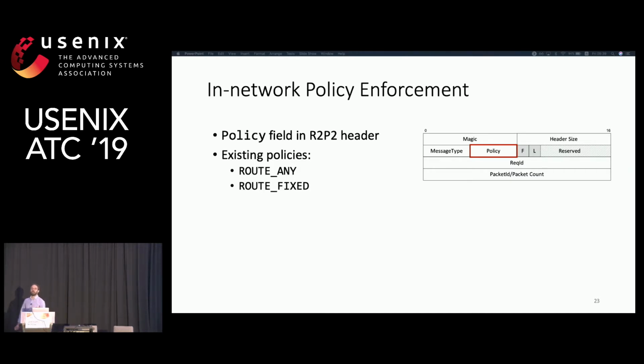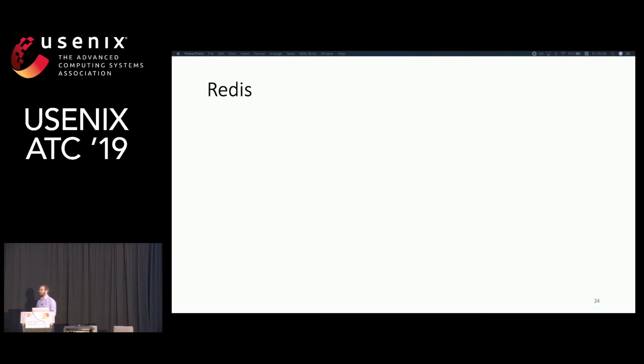Ideas for alternative policies are sticky, so that we can implement some kind of sticky consistency where requests from certain clients only go to certain servers, or hashing in order to implement some kind of sharding where the middle box can hash parts of the request and forward the request to the equivalent server. So we used this policy field in our next experiment based on Redis.